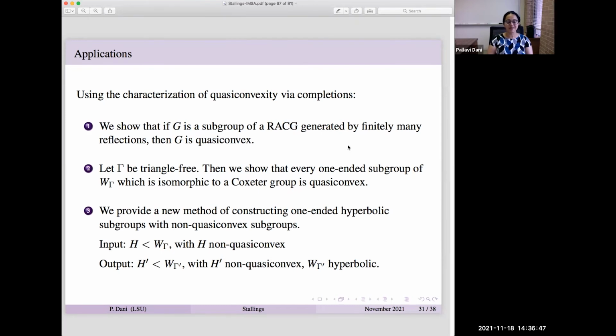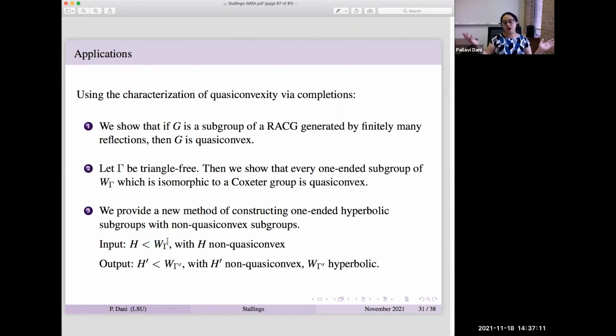So what we actually do is we give a construction where we have as input some subgroup of a right-angled Coxeter group where the subgroup is non-quasi-convex. Here the right-angled Coxeter group in the input is not necessarily hyperbolic, and such examples are plentiful.